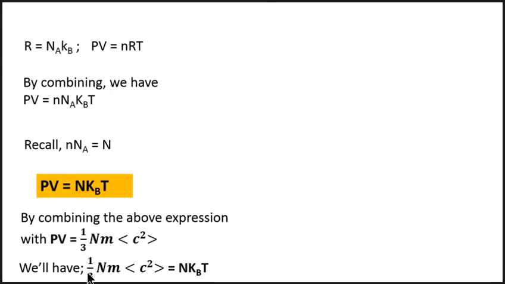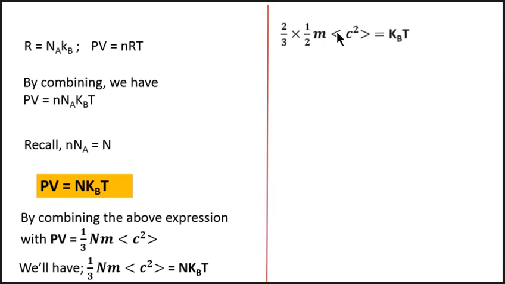Now 1/3 here can be written as 2/3 times 1/2. Why? Because 2 will cancel out 2 and it will still end up giving me 1/3 back. So I have not missed anything, meaning I can write this expression as this.